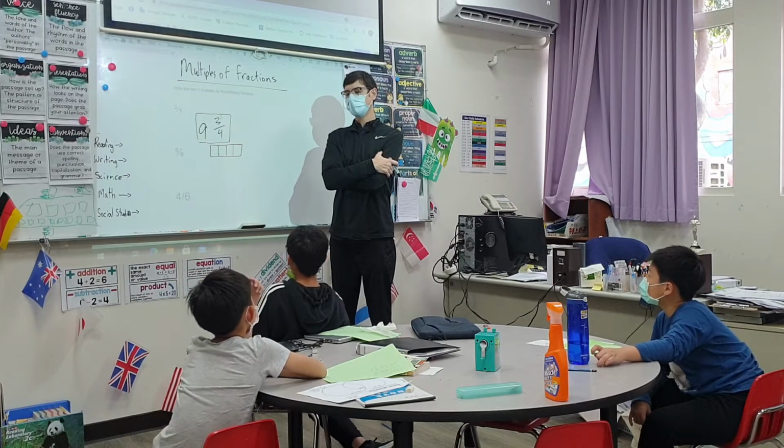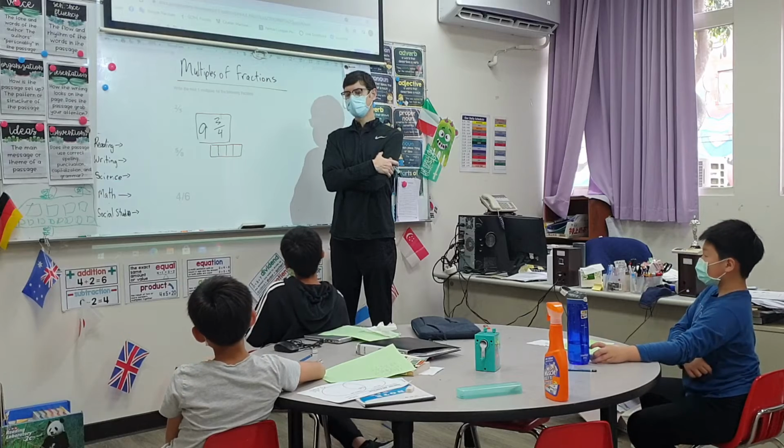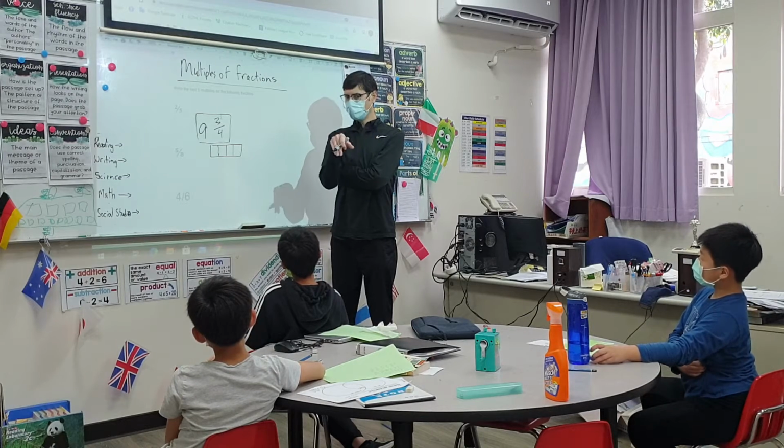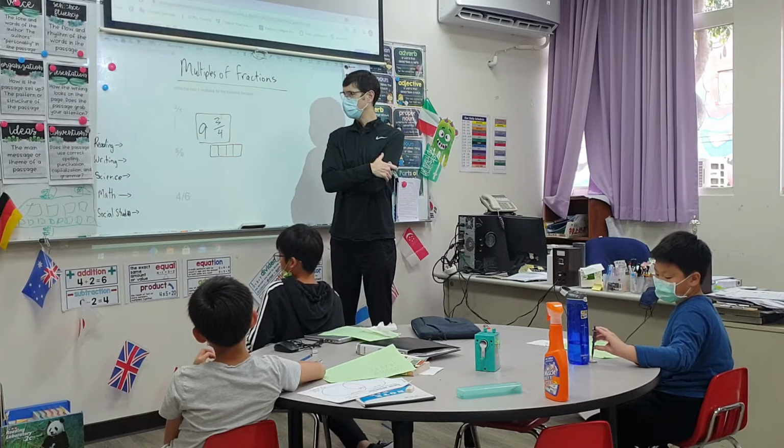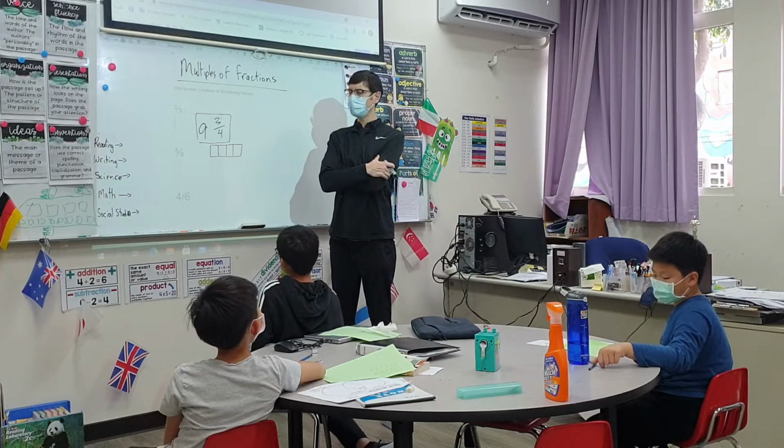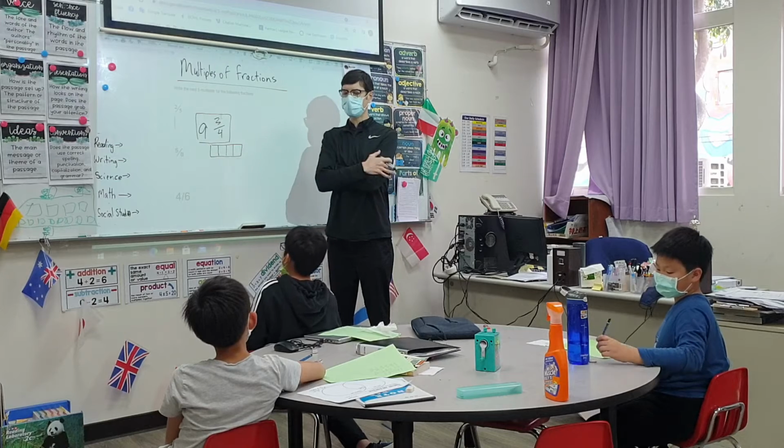Okay, Jalen says 10. I want you both to think of your answer. How many of these rectangle models am I going to need to draw to make this mixed number?